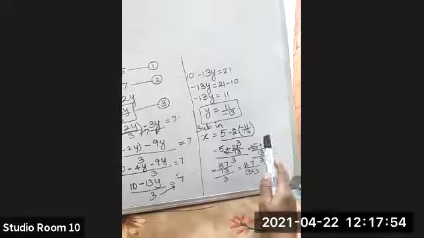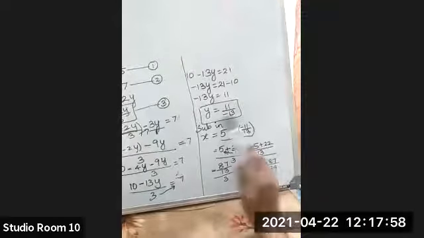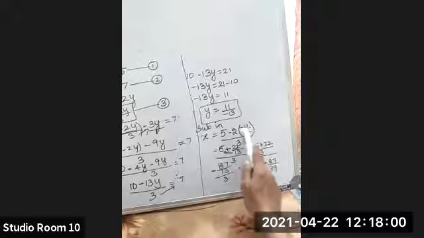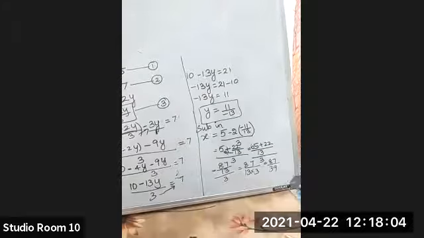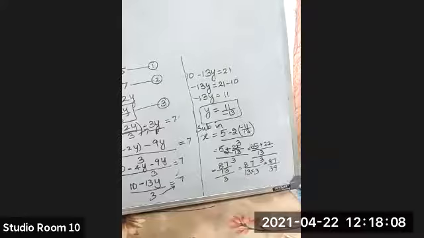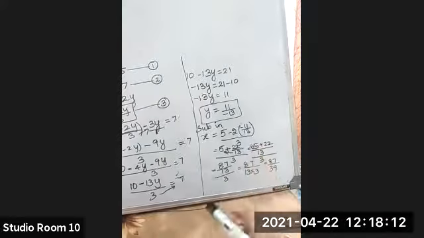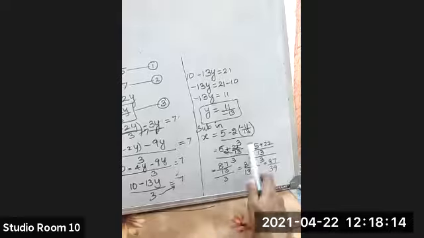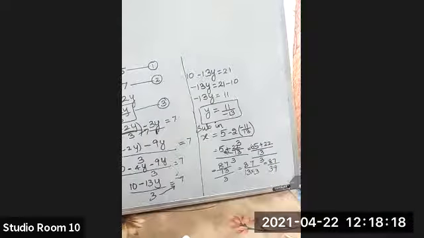This is only for the first term, 2 into. So first you should do the multiplication, then we can take. First we should multiply 2 into negative 11. 2 into 11 is 22 by 13. Then we have to add.